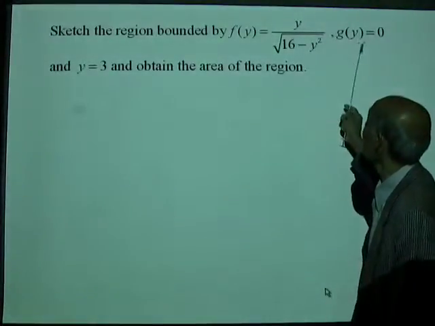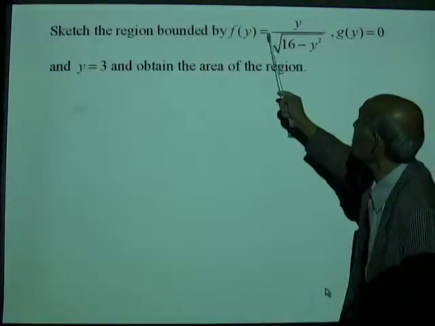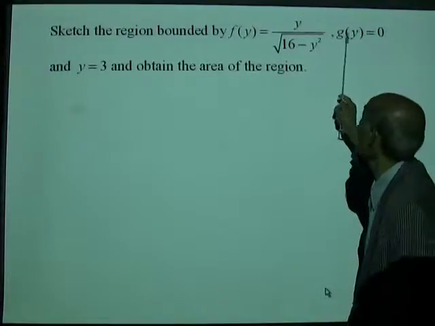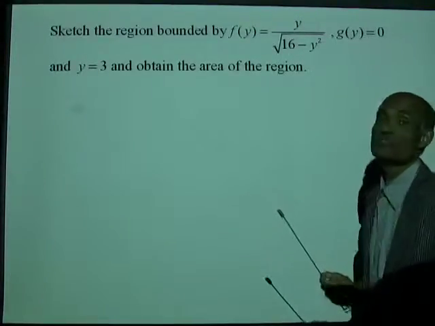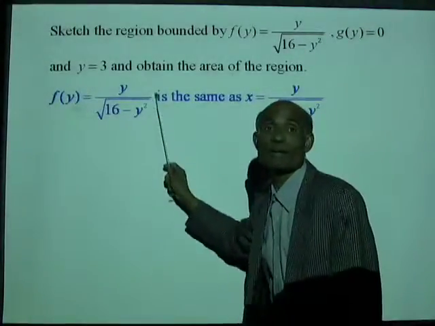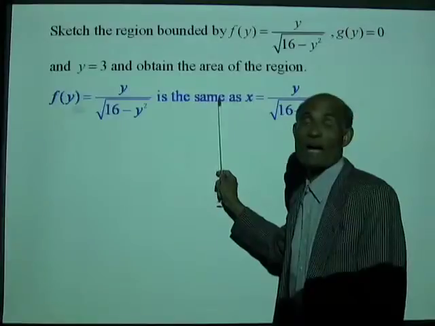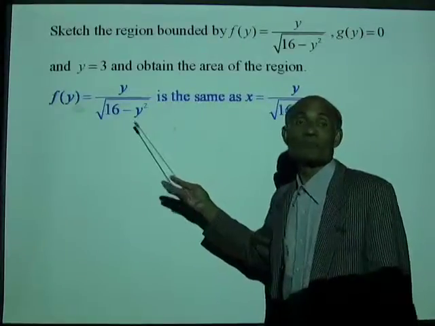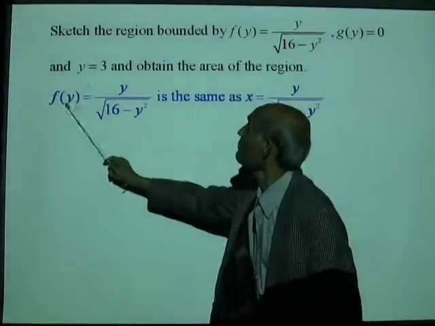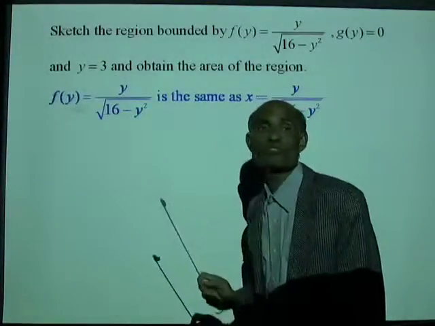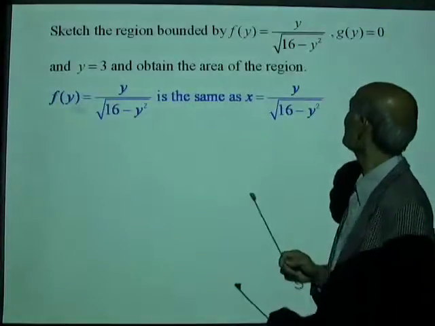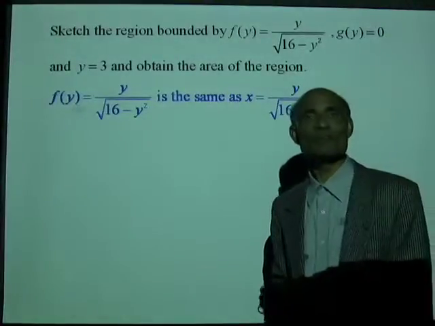So you need to find the area between f of y equal to y over square root 16 minus y squared and g of y equal to 0. Now we said f of y equal to y over square root 16 minus y squared is actually the same as x equal to y over square root 16 minus y squared.